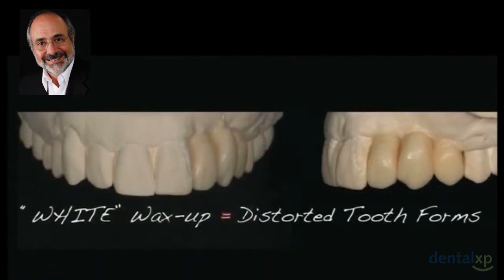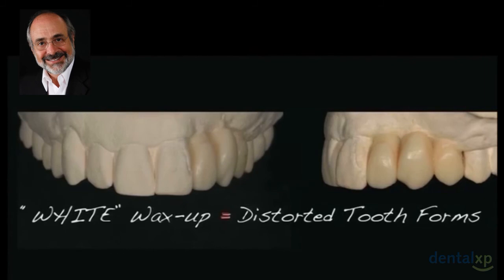So the first thing we do is we wax up, and as we wax up, you can see this doesn't look like a lateral. Look at this lateral, even trying to make it look normal compared to that lateral. Look at the squareness of these teeth. Even with different colored waxes, they don't look like teeth.